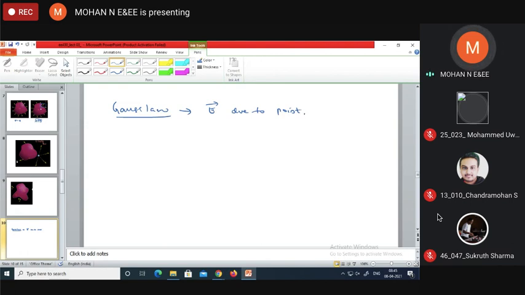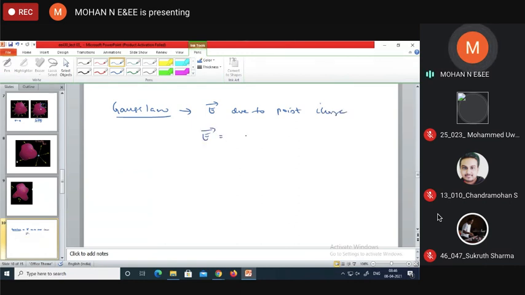Yesterday we derived the point charge result, so we have proved that. E vector is equal to Q by 4 pi epsilon naught r square into a_r cap.